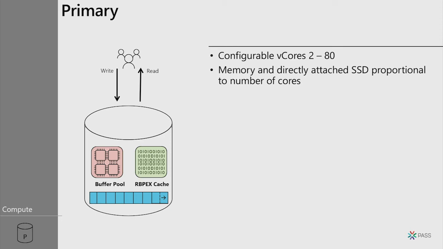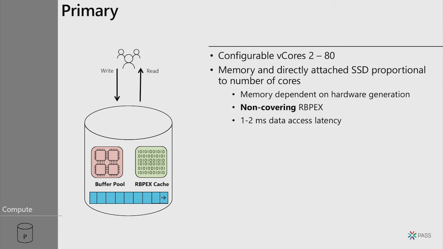What I mean is the RBPEX cache and the memory are proportional to the cores. The vCore limits article states for each tier how many gigs of memory you get and how much RBPEX you get. Memory is also dependent on hardware generation. We support 2 hardware generations, Gen 4 and Gen 5, so the ratio of memory to core is a little different. Check those out as you make your decisions.